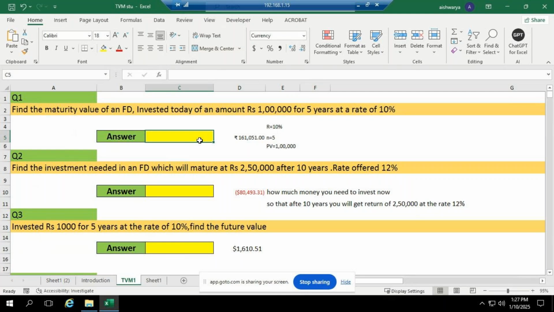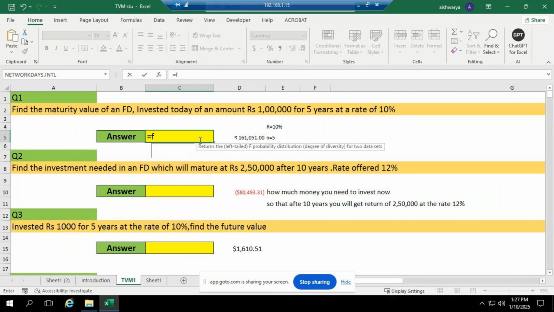Can anybody tell me? Is equal to FV, correct. So is equal to FV, open bracket.